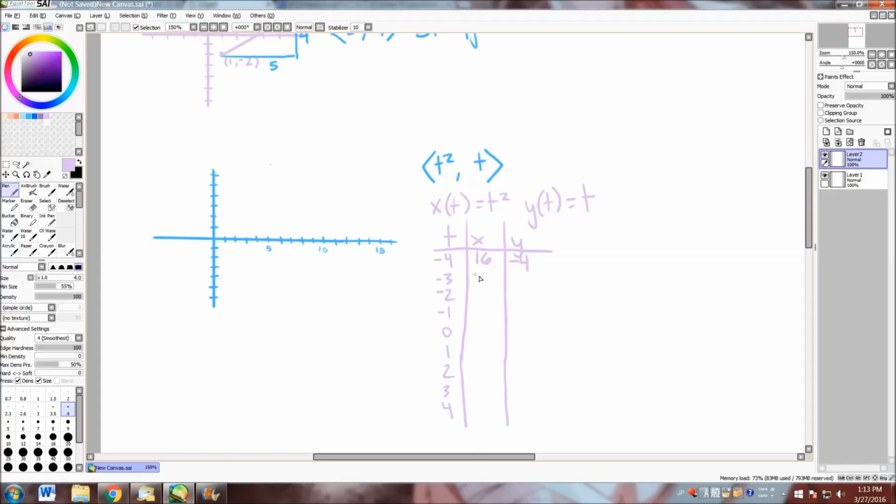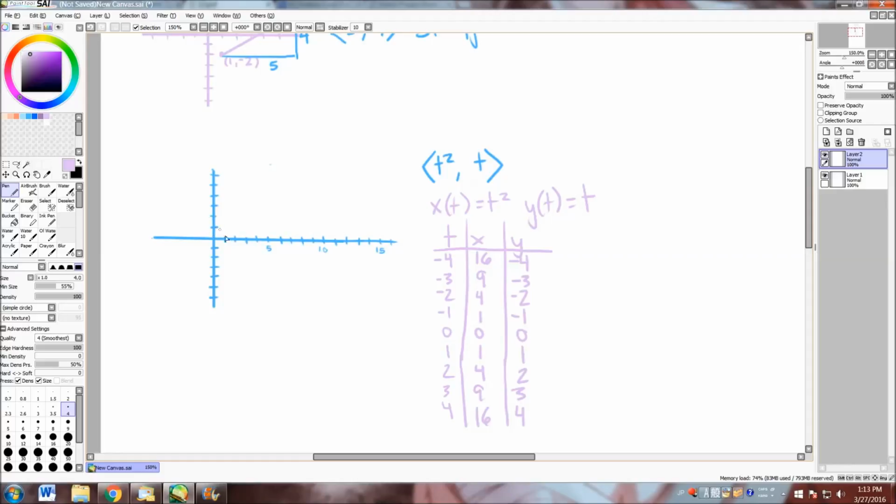At -3, x will equal 9, y will equal -3. At -2, x is 4, y is -2. At -1, x is 1, y is -1. At 0, both equal 0. At 1, both are 1. At 2, x equals 4, y equals 2. At 3, x equals 9, y equals 3. And at 4, x equals 16, and y equals 4.